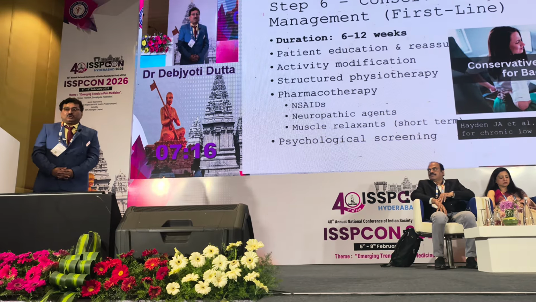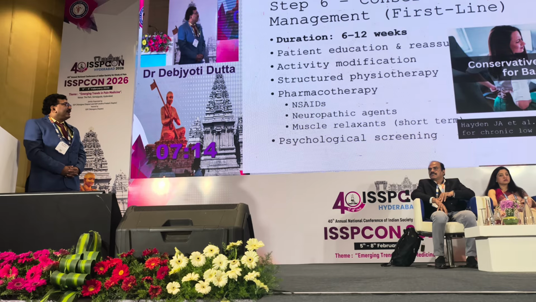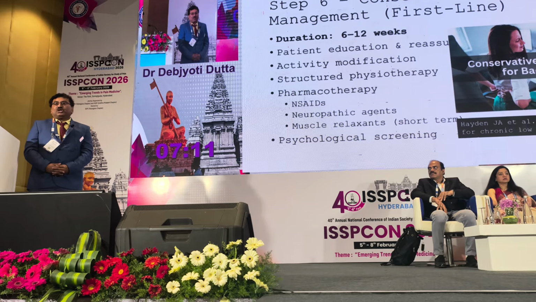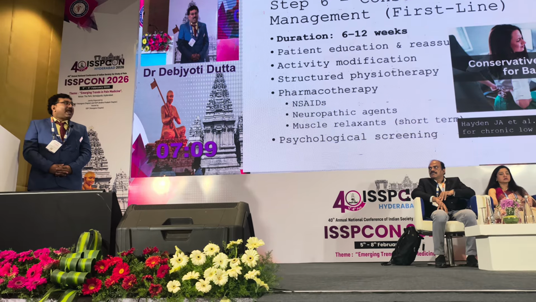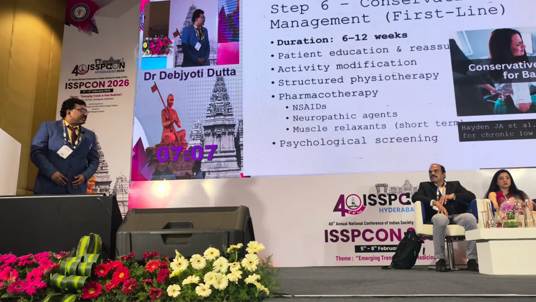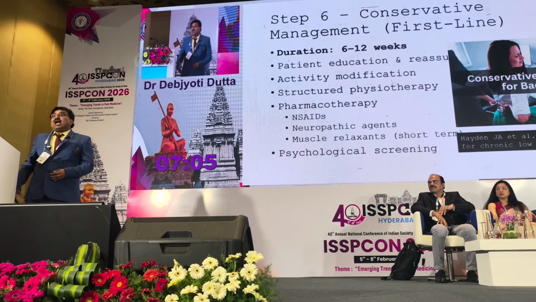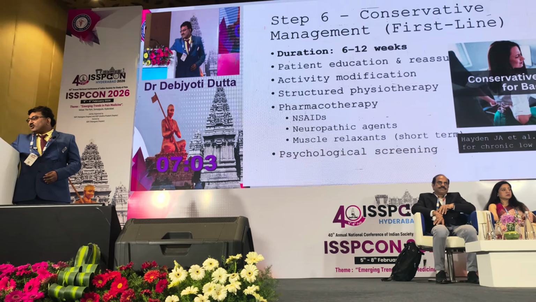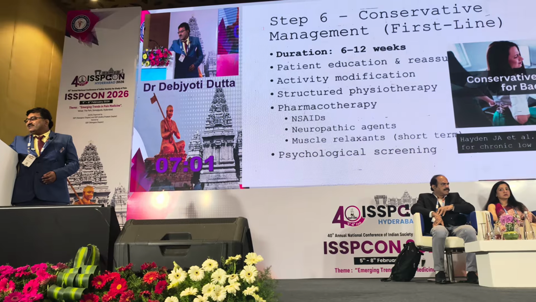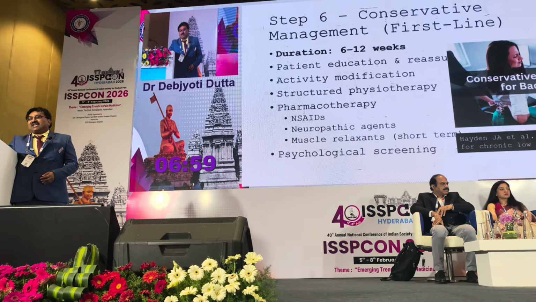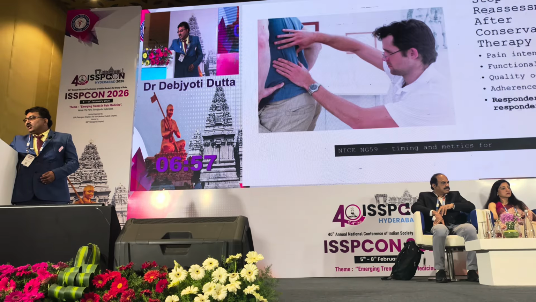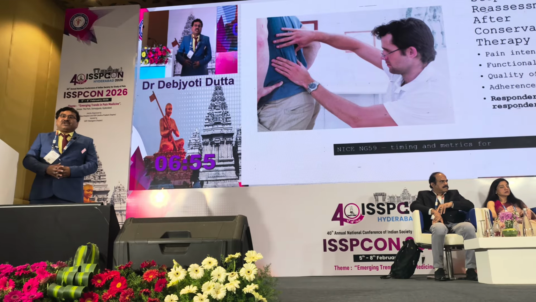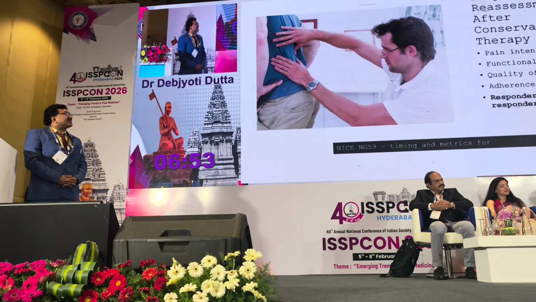And in this part also, it takes time to get a clinical judgment what dose, what drug can be most suitable for a specific patient. And another important point is the psychological screening, because nowadays we get a number of psychogenic back pain patients as well, where sometimes it is very difficult to treat these conditions.